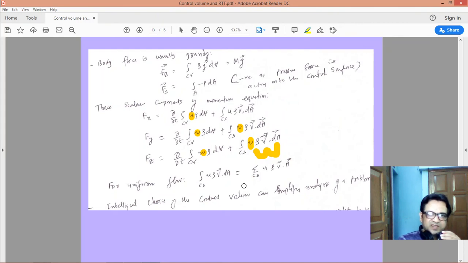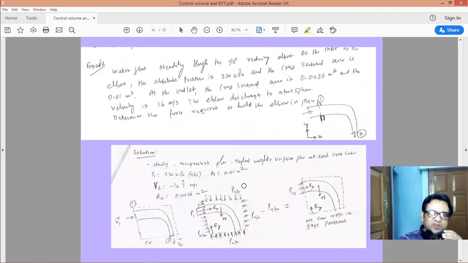So let's solve a small question on the momentum equation. Water flows steadily through a 90-degree reducing elbow. At the inlet to the elbow, the absolute pressure is 220 kPa and the cross-sectional area is 0.01 meter square.